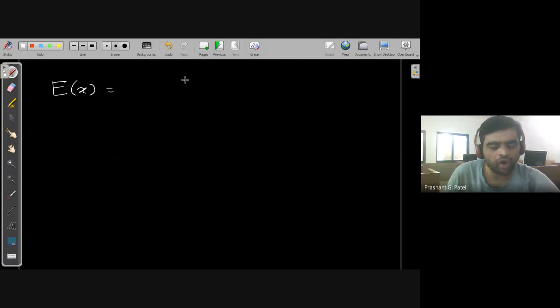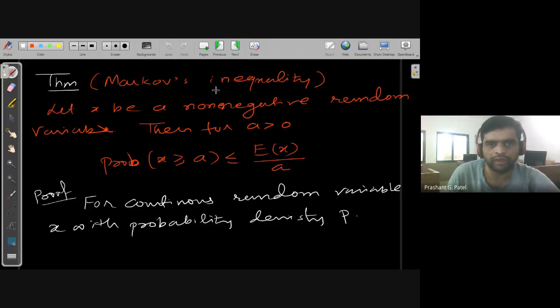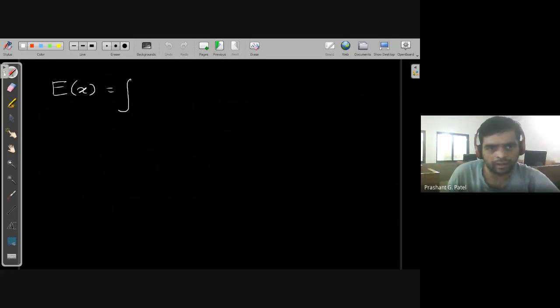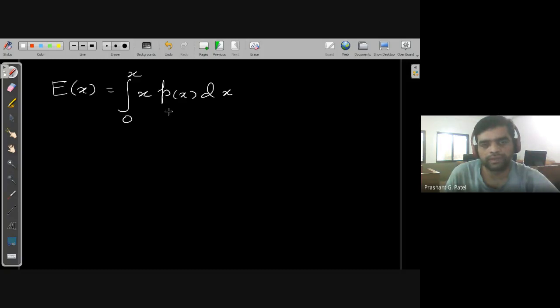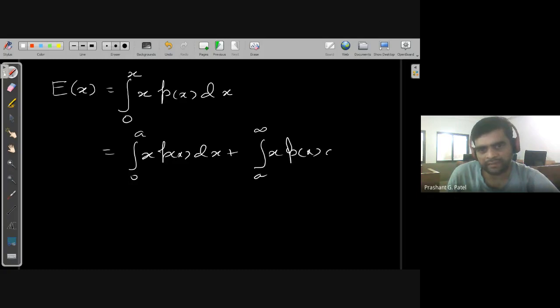As we know, what is given is a non-negative random variable, so it is the integration from 0 to infinity of x p(x) dx. Now I am splitting this integration into two parts: 0 to a of x p(x) dx plus a to infinity of x p(x) dx.